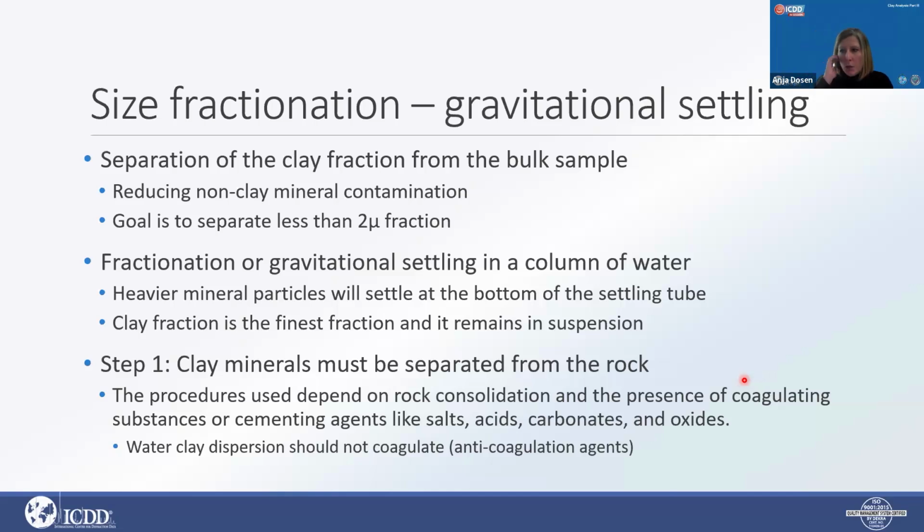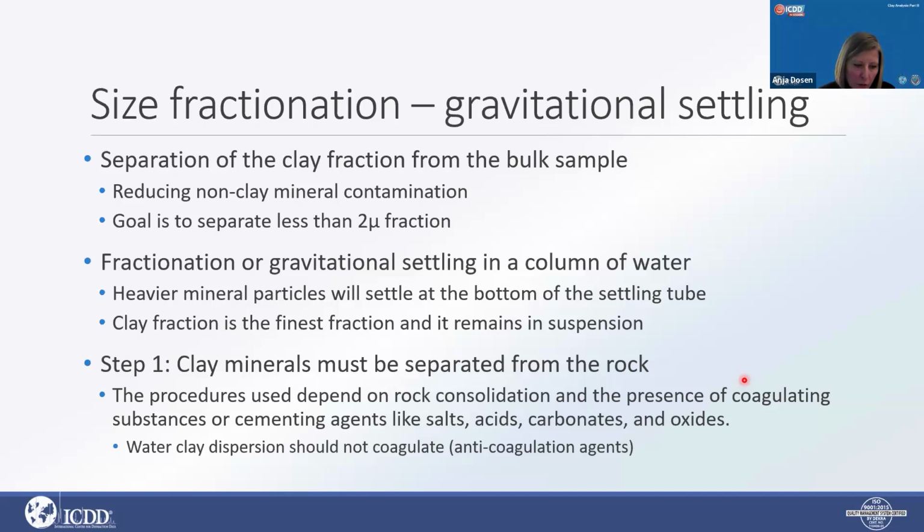If we're working with a rock sample, we need to go through the procedure of separating clay from the rock. These procedures will depend on the type of rock, and most will involve crushing, shaking, sieving, and so on until we get to a certain particle size, and then all of these methodologies become sort of the same.